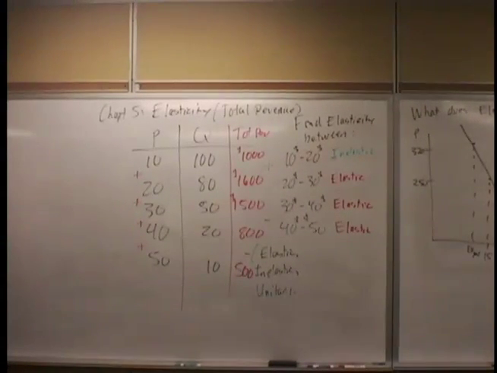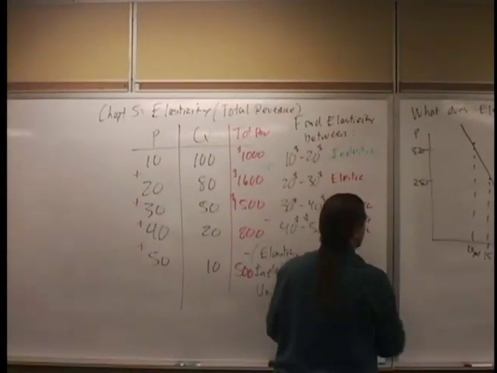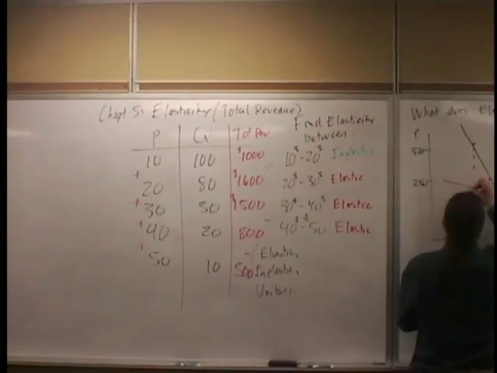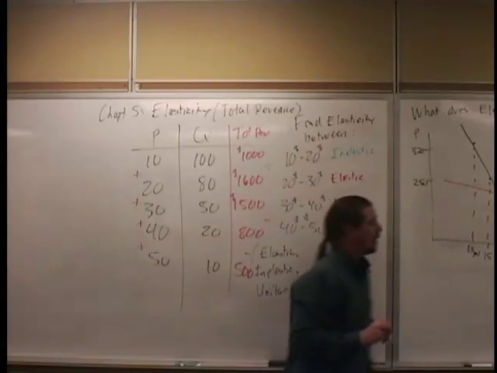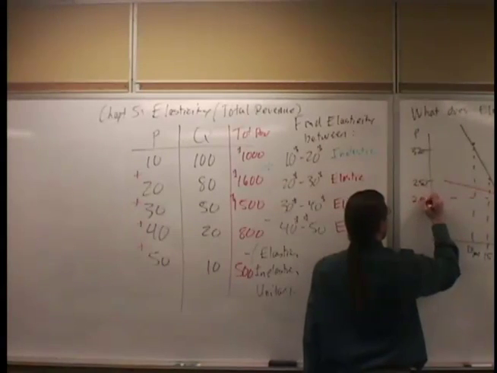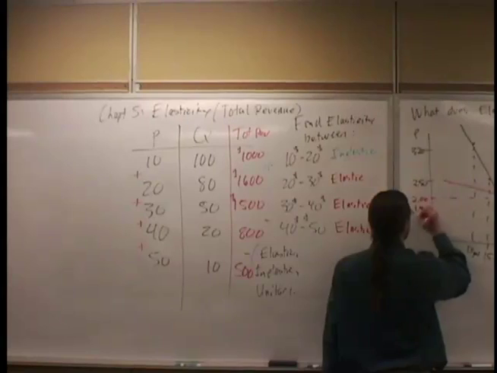So guess what happens when I flatten out my demand? It gets more elastic, right? So if you think of something as being elastic, it becomes flatter. And here, for simplicity's sake, let's suppose we had $2 down here, and we just lowered the price by 10 cents.